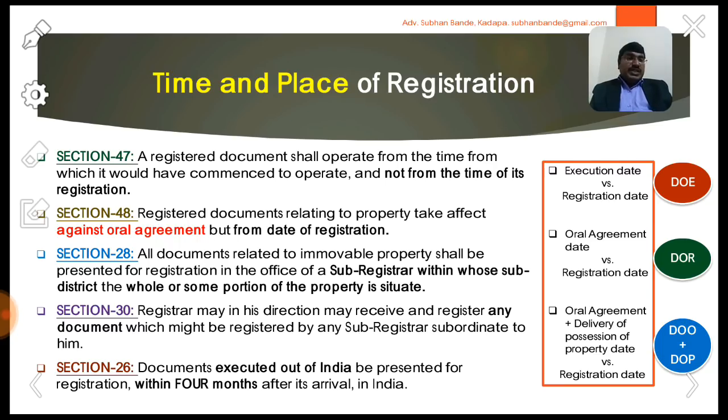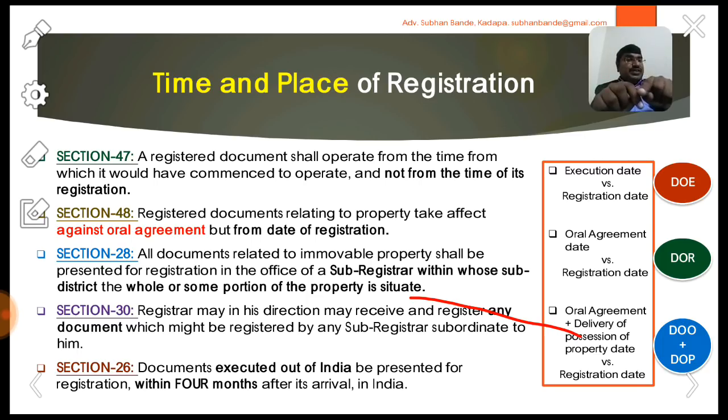The third circumstance: here there is an oral agreement and delivery of possession of the property on one date. Oral agreement plus delivery of possession of the property. They orally agreed to transfer certain property, and on the same date they delivered the possession of the property, but it is registered on some other date.